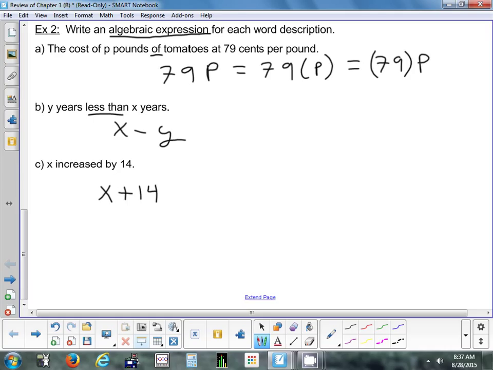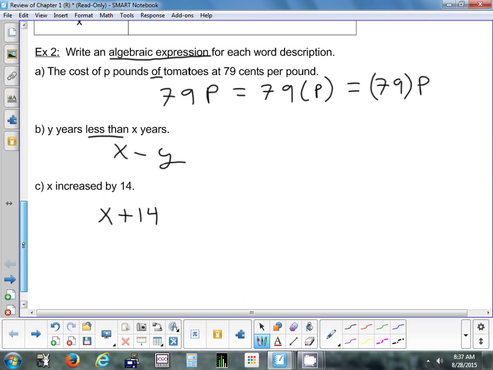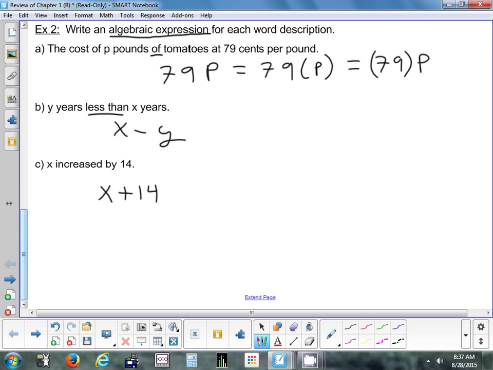When you're adding numbers, the order you add them in doesn't matter. 2 plus 3, 3 plus 2, you get 5 both ways. Both are going to be positive. Even though that first term, that x, doesn't have a sign with it, if there's no sign to the left of it, we assume that's positive. That's just the way it works.